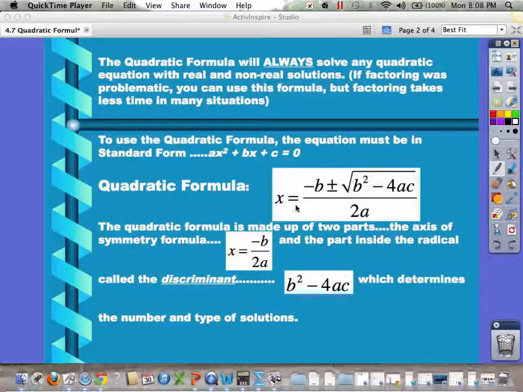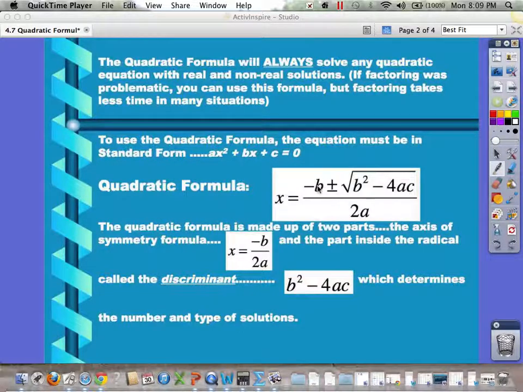But the formula is x is equal to opposite of b, whatever b is, coming from right here, opposite of b plus or minus. So there's the two answers that you're going to have. The square root of b squared minus 4 times a times c, all that divided by 2a.